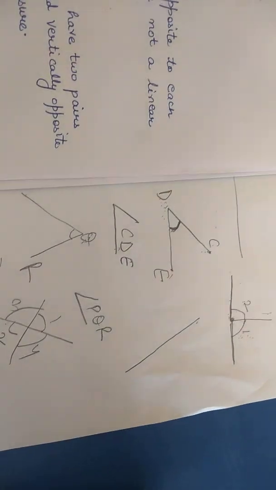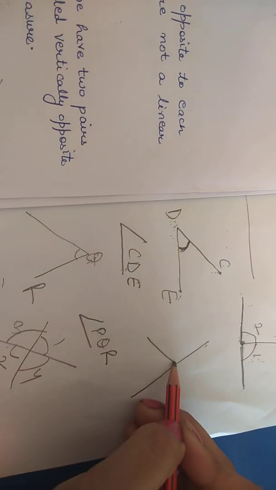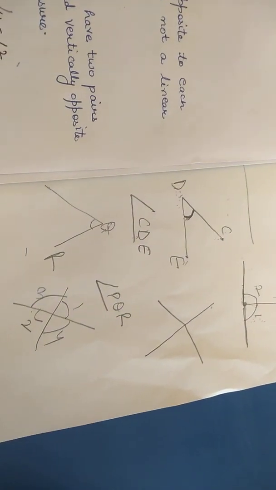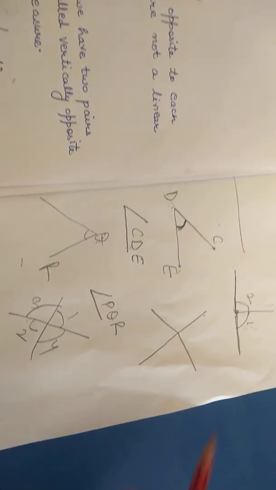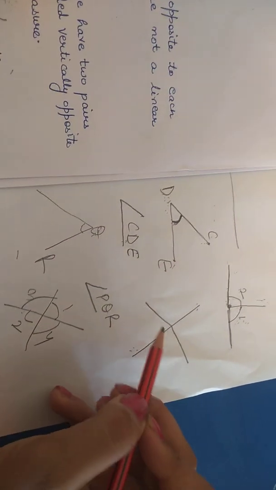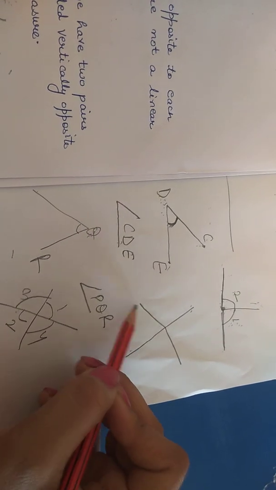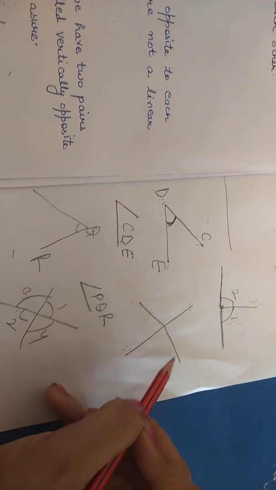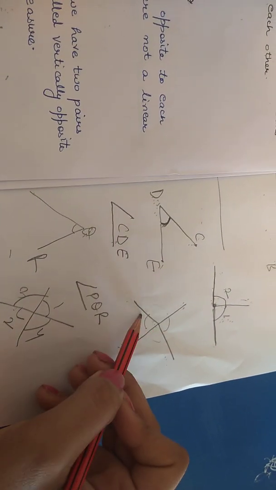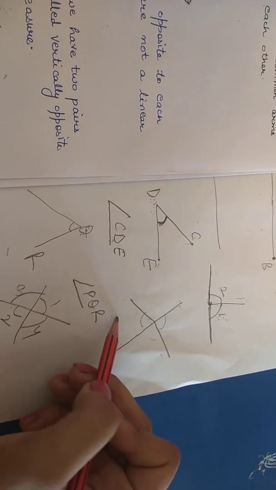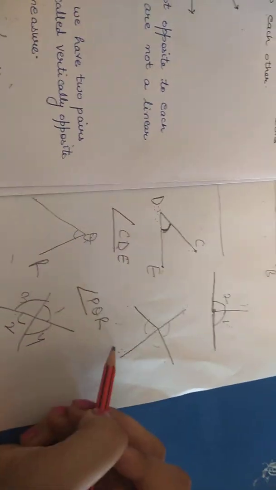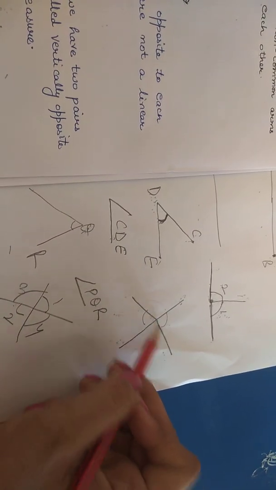See, this is a straight line and this is another. Now, these are intersecting lines. But you can see that this is a straight line, but this is not a straight line. Here you have two different lines. This is one line and this is another line. Now you cannot say that these are opposite angles and are equal, because these are not vertical opposite angles. Here you have three lines. One is that, and the other is that.